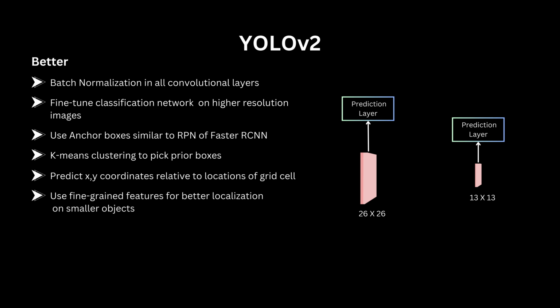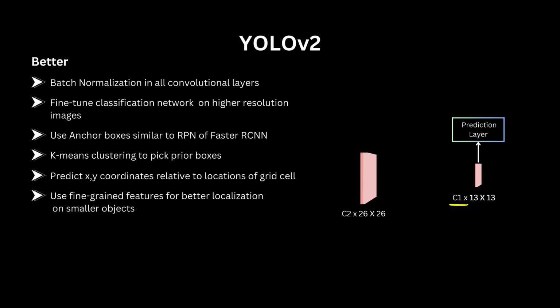But for YOLOv2, the authors take a different approach. They add a pass-through layer that brings in features from this 26 x 26 resolution feature map. In the pass-through layer, this is what happens. Let's assume C2 to be channels of the 26 x 26 feature map and C1 to be the channels of 13 x 13.